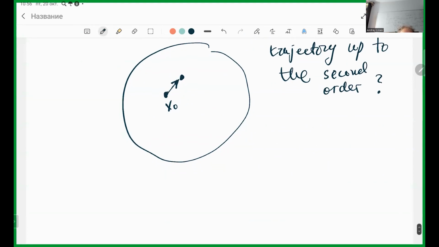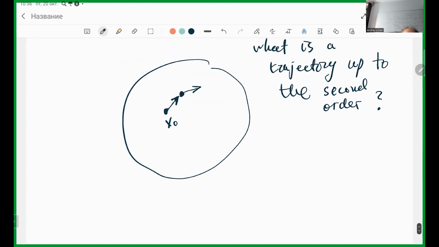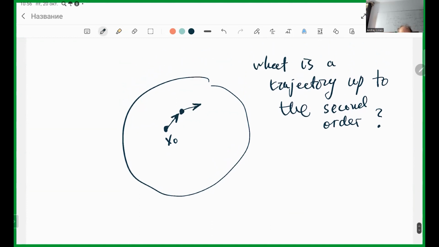So first we move like this. And then we need to move somewhere, okay?